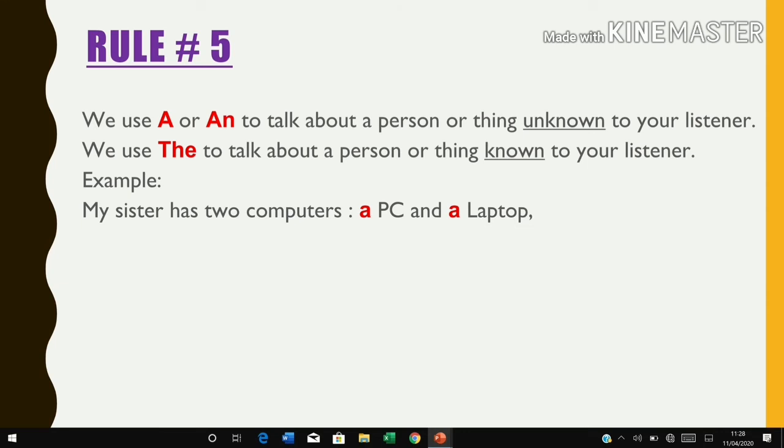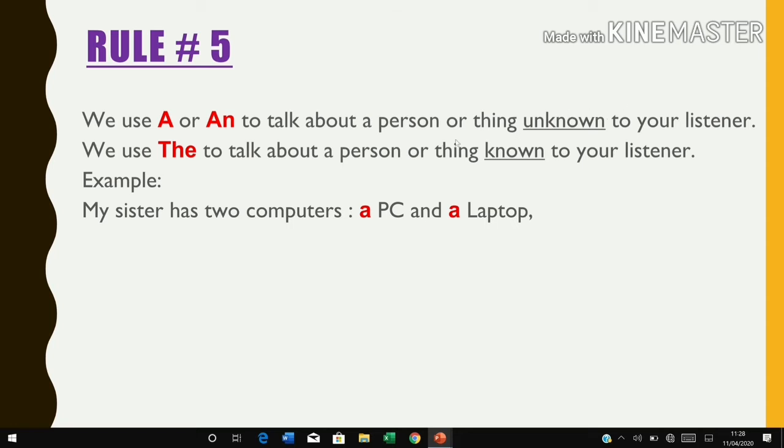Let's move on to rule number 5. We can use a and an to talk about a person or thing unknown to your listener. Okay, be careful, girls, unknown to your listener.